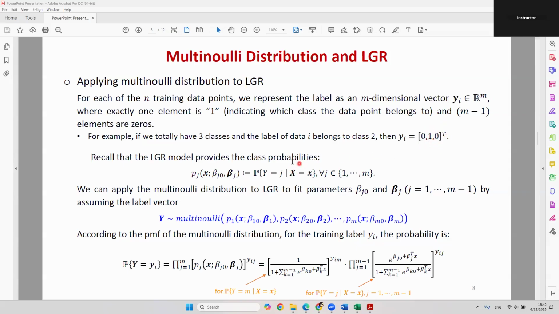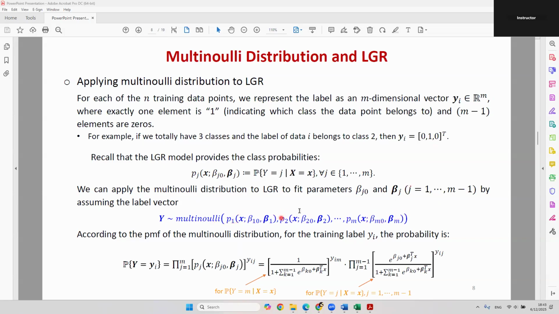Now recall the LGR model. First of all, we have this, right? To make our notation easier, I denote Pj given X with these parameters. We can apply the multinomial distribution to LGR to fit these beta parameters by assuming the label vector y follows a multinomial distribution with all these parameters.